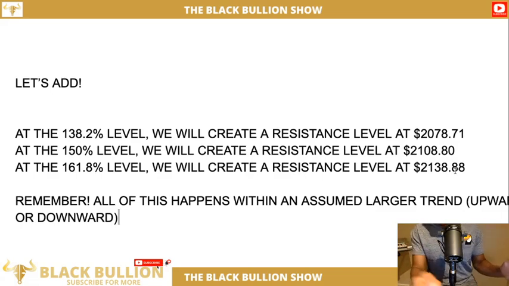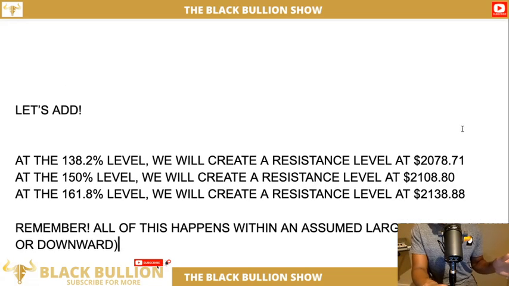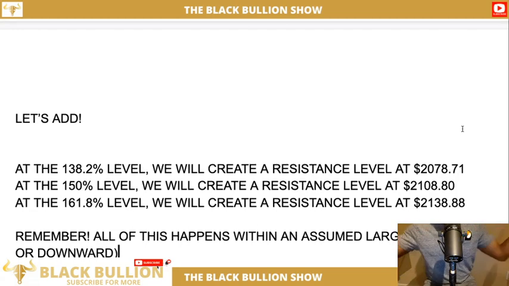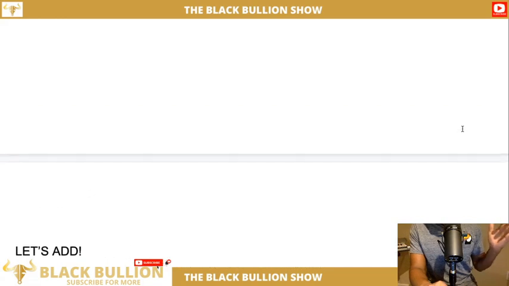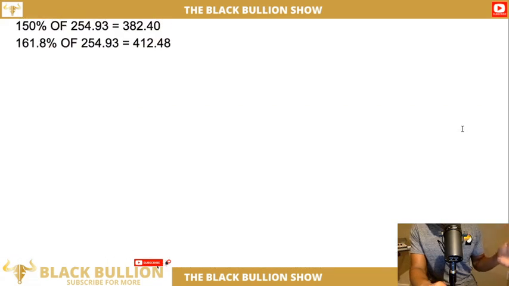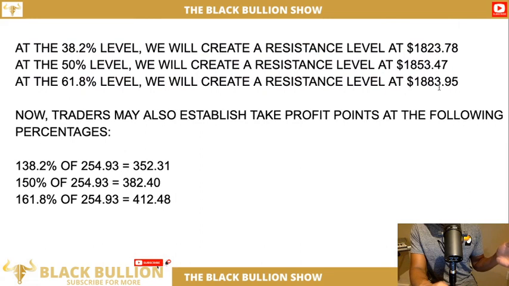Now, you guys may be thinking, well, that is a large number, Black Bullion. How is that even going to be possible? Now, remember, this is over a given period of time that these actions will occur. I'm not sure when. Now, there are those such as Chris Vermeulen and others who have proprietary Fibonacci models that will help them to predict when these moves may occur.